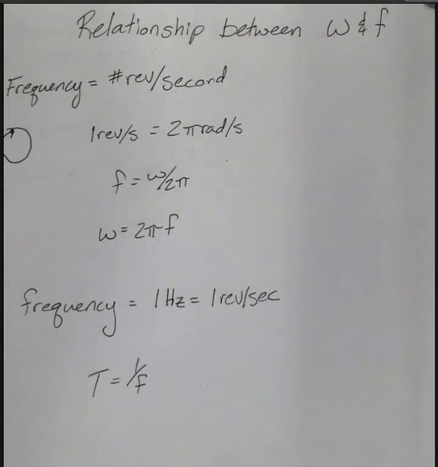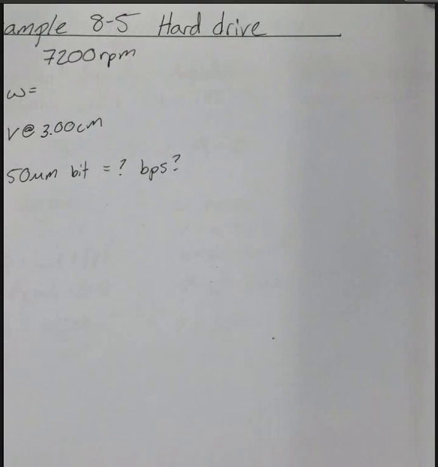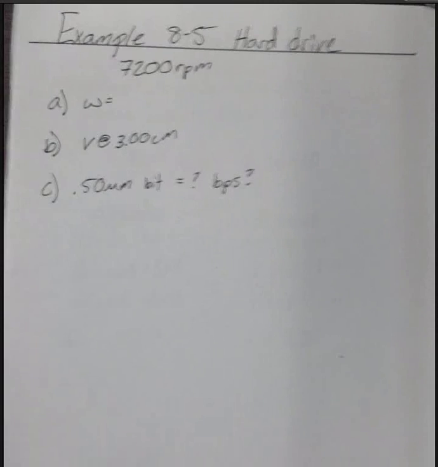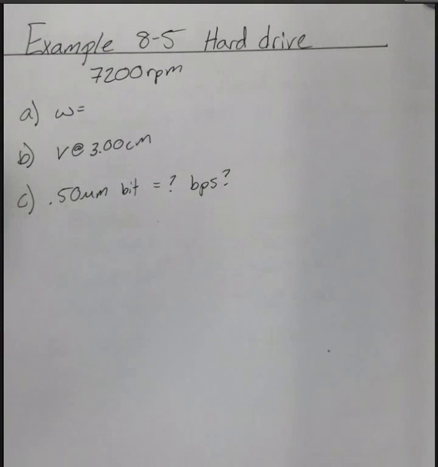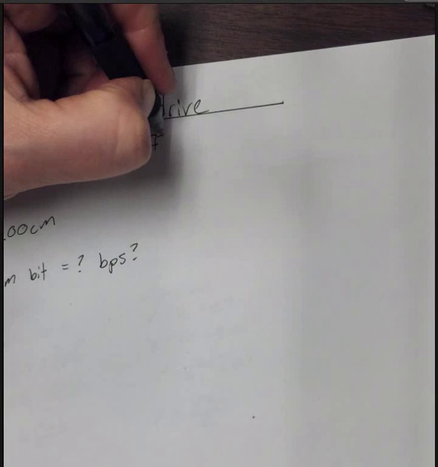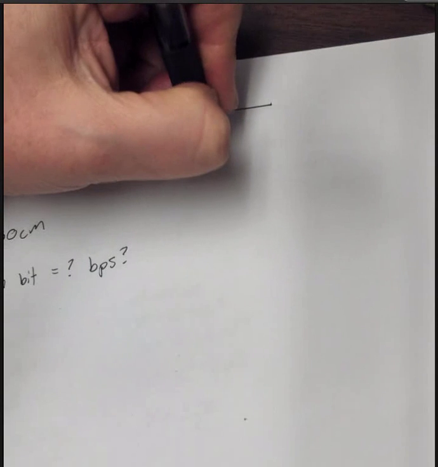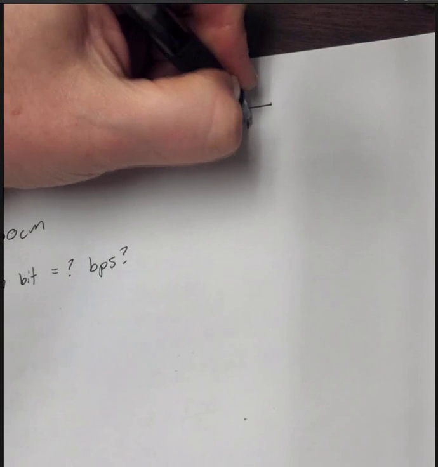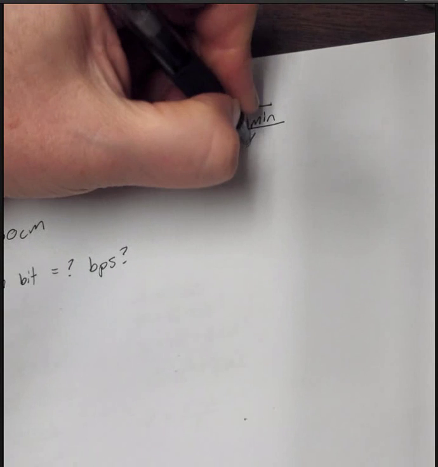So let's go ahead and apply them. If you've got a hard drive platter that can rotate at 7,200 revolutions per minute, RPM, we can figure out what the angular velocity of the platter is. First, I'm going to need to turn minutes into seconds.